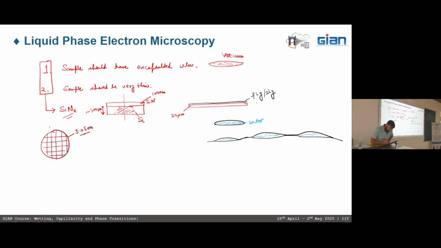And then on top of it we have one holey carbon film. So we basically have a carbon film on top of it. This is amorphous carbon, and it has holes of certain sizes.